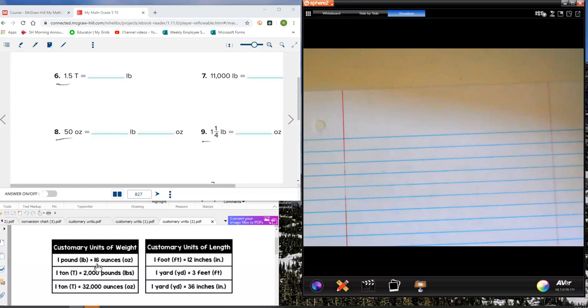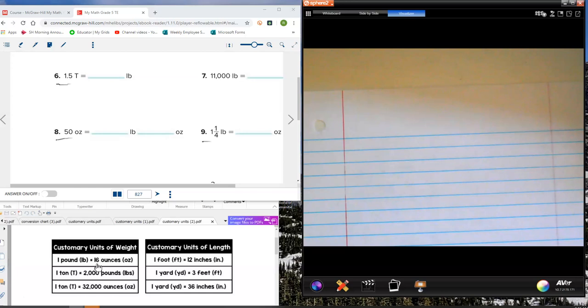Now I'm able to multiply straight across, and I'll do that right now. I'll take 16 times 5, and I'll move over here. Looks like I've got 80, and 4 times 1 is 4. So 80 divided by 4 is going to equal 20. So it looks like 1 1/4 pounds is equal to 20 ounces.